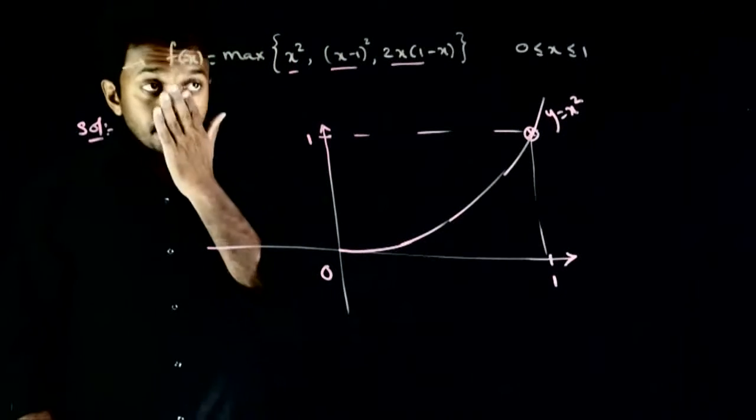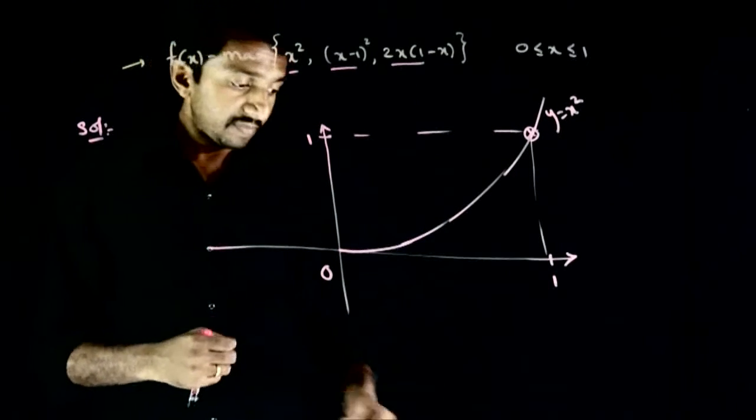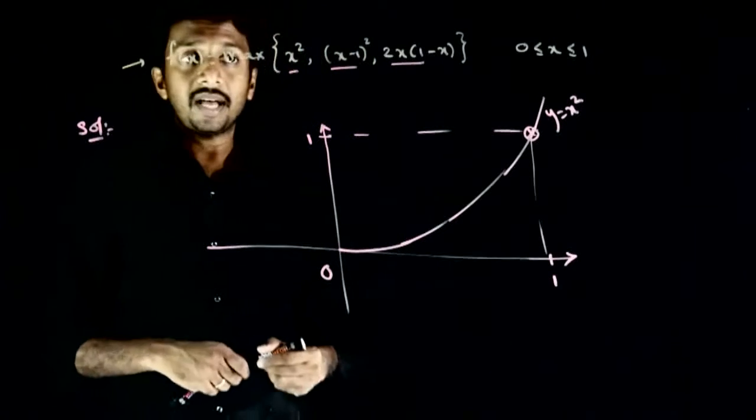ठीक है. y is equal to (x−1)². So how does this graph look like? So इस ग्राफ आप देख सकते हैं.